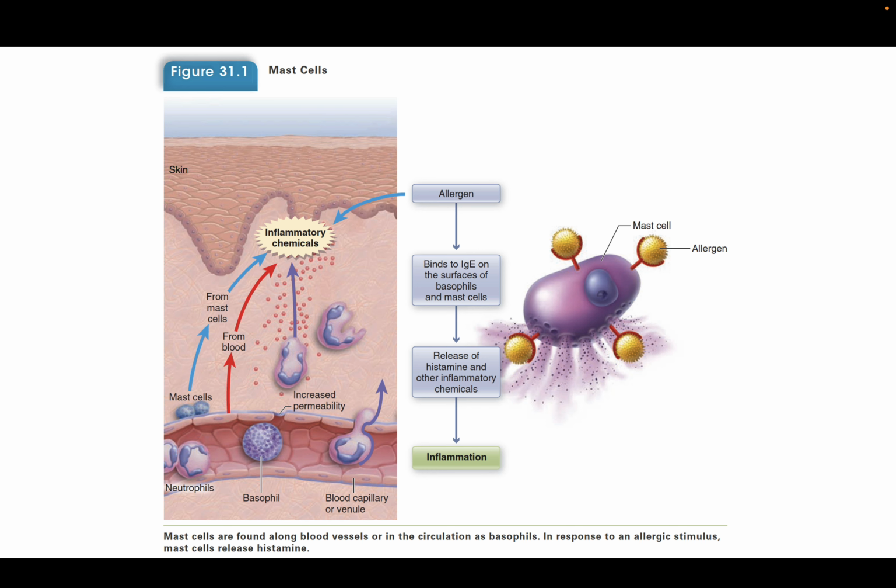In our IgE-mediated reactions, we see an allergen come in, right, and bind to IgE on the surface of these mast cells and these basophils. Right? So when that happens, we get this overrelease of histamine, causing inflammation and then leading to our signs of allergic reaction.